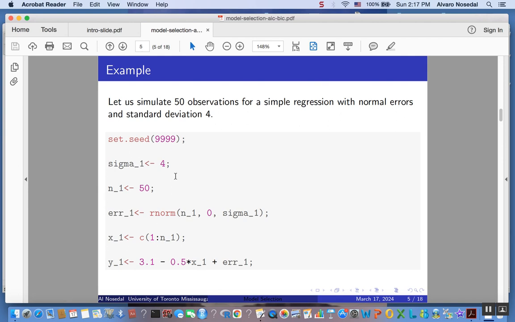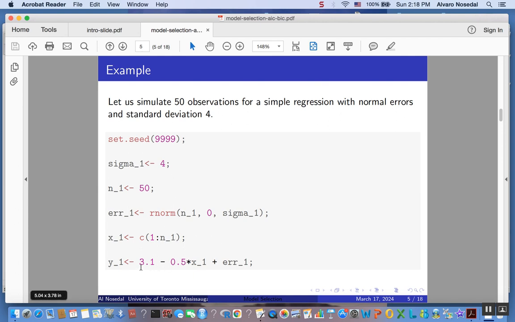The standard deviation that we're going to be considering is 4, and 50 represents the sample size, so we're going to be producing 50 random numbers from a normal with mean 0 and standard deviation 4. Then x1 will be a sequence of numbers that starts at 1 and ends at 50. So the first element in that sequence is going to be 1, then 2, 3, and so on, up to 50.